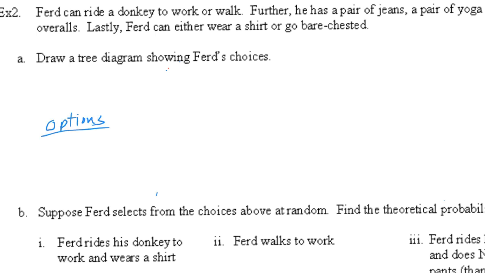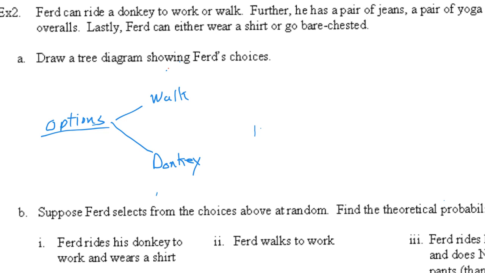Now, remember, when he starts the day, he can either walk to work or ride a donkey. So his first choice in the day is to walk or take the donkey. Simple thing. Now, the second thing that he has is a choice between a pair of jeans or a pair of yoga pants or a pair of overalls.